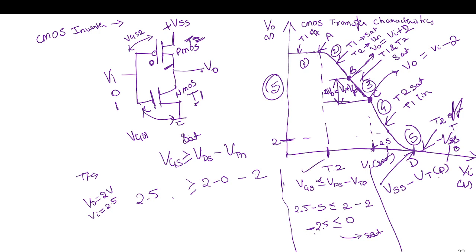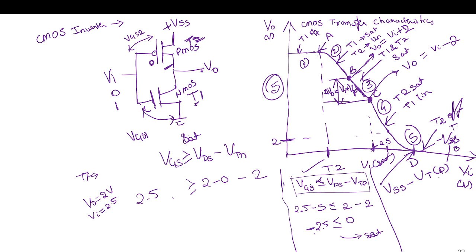Is T2 fine now? Yeah, it's fine. This condition is correct, right? VGS should be less than. Instead of changing this, I have changed here.